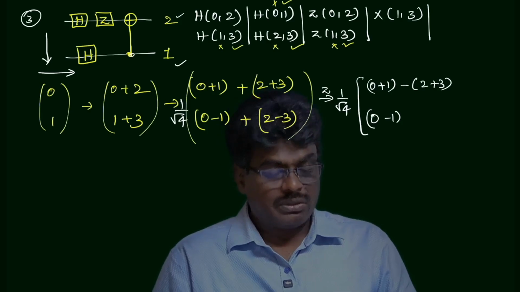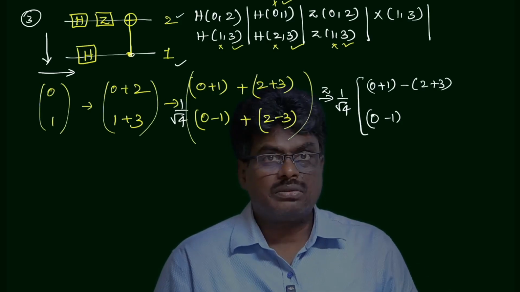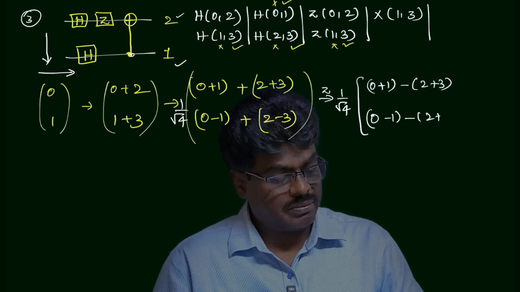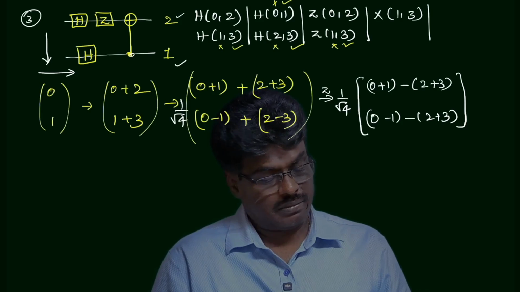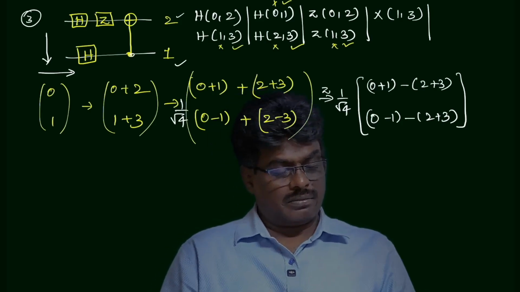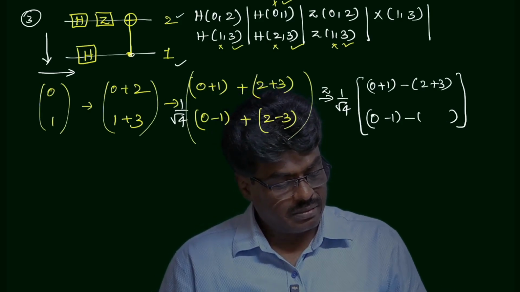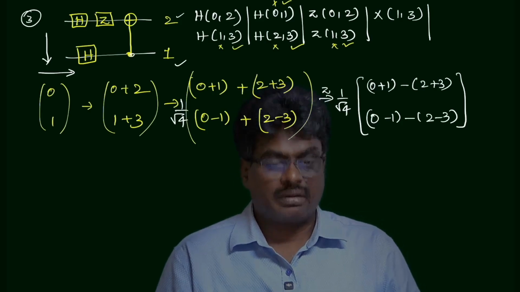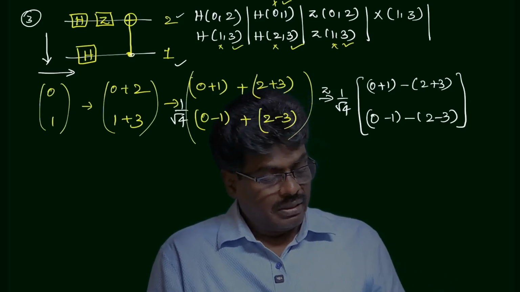And after that 2 will be changed and 3 also, a phase change will be there, minus 2 plus 3. So I am taking minus common, then it becomes 2 minus 3. Because minus 2 plus 3, minus common, 2 minus 3.